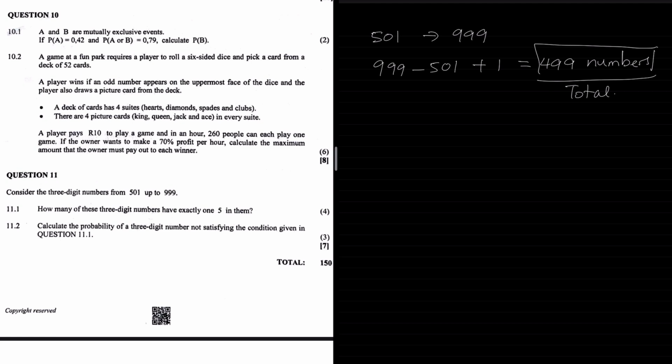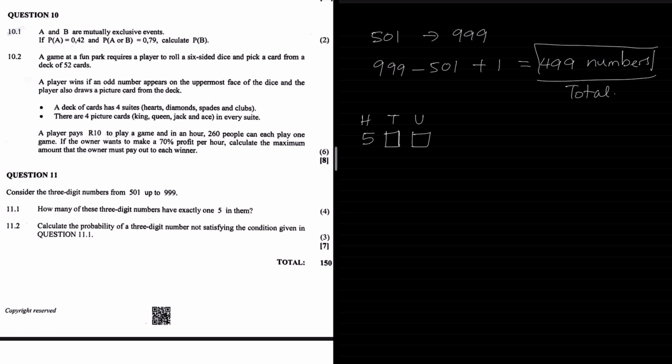Now, if we're looking at these numbers, we have to look at the hundreds place, the tens, and then the units. If we're starting with the hundreds, there has to be a 5 there. Now, how many possible numbers could go in the tens?